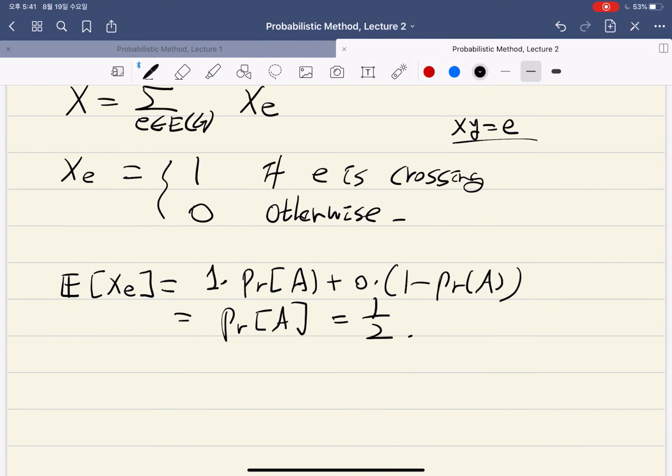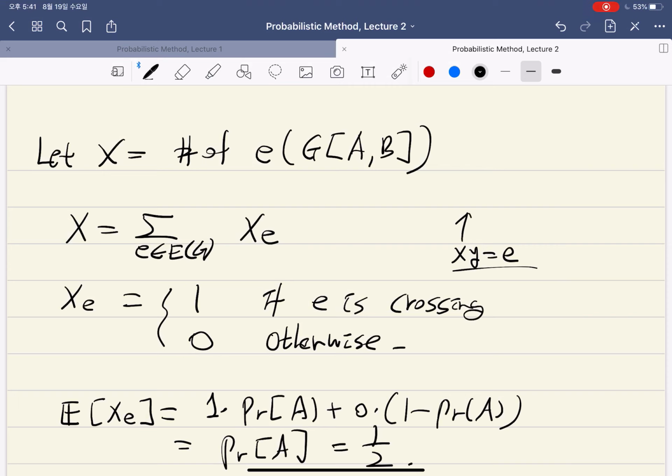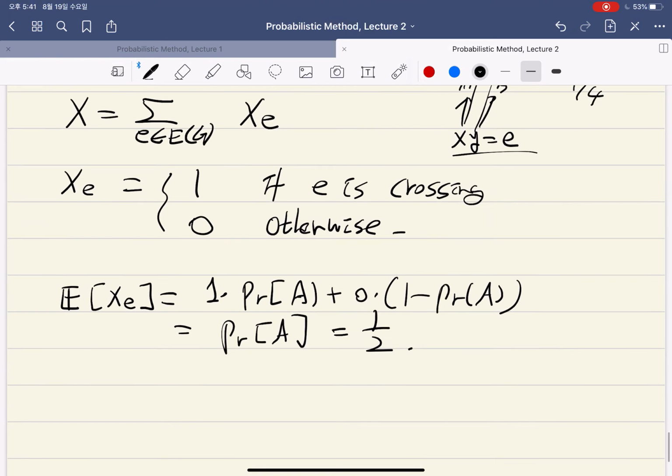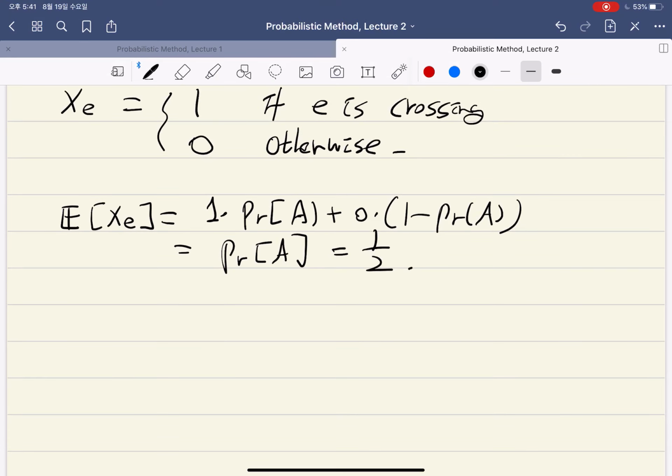The probability that this belongs to A and this belongs to B is 1/4, and that this belongs to B and this belongs to A is also 1/4. You add, then the probability that the specific edge E becomes crossing is half.